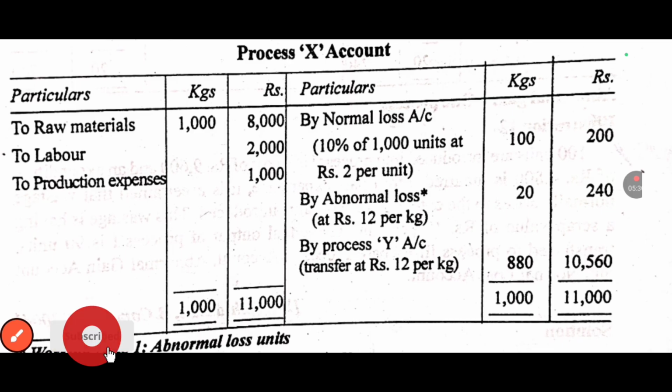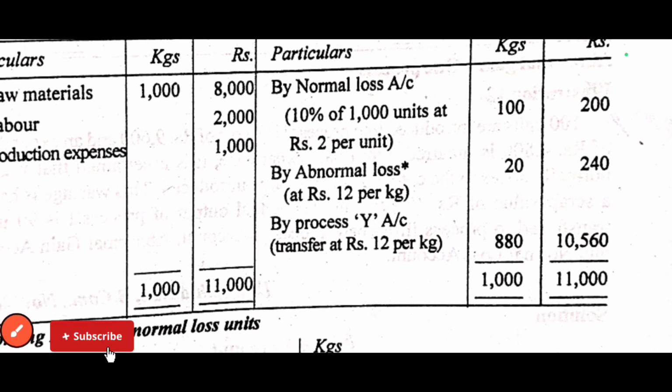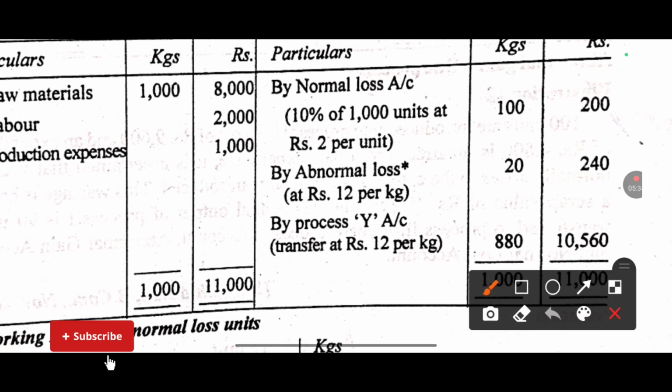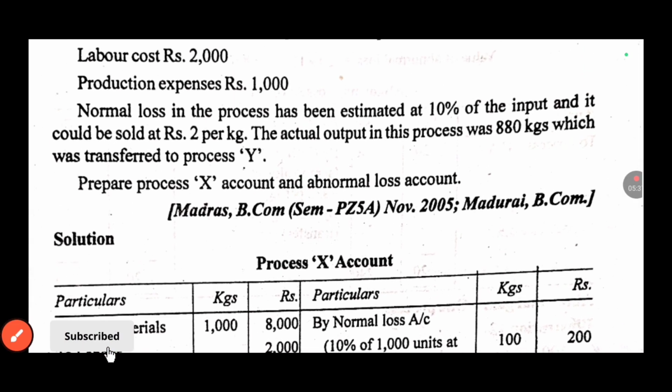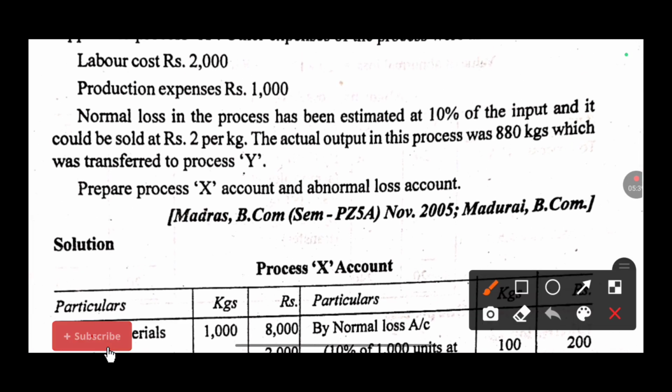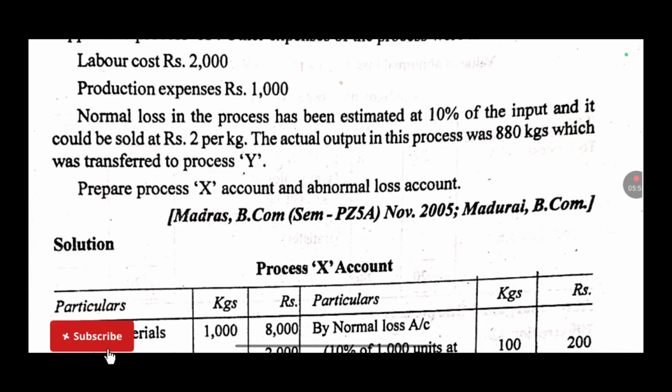Okay, now we need to find out the scrap value of the normal loss. The scrap value is given in the question. Listen carefully here. The normal loss is 10% of input, and we found the normal loss is 100 kilos. Then that 100 kilos is calculated with the scrap value of 2 rupees per kilo.